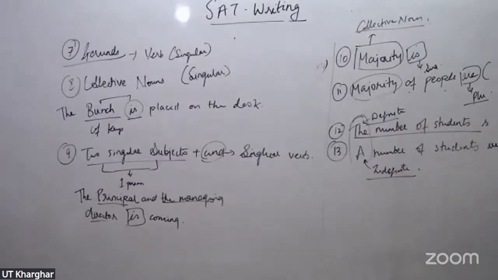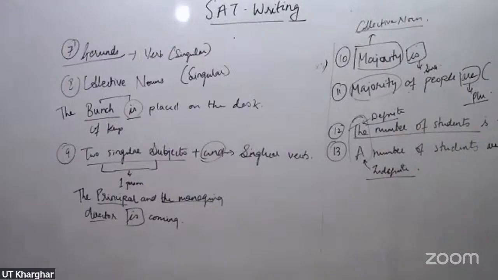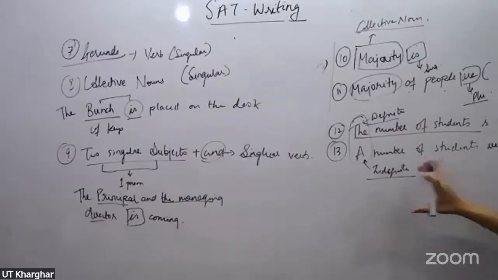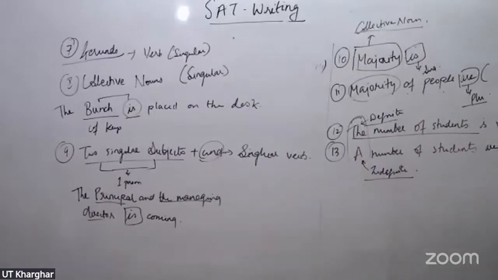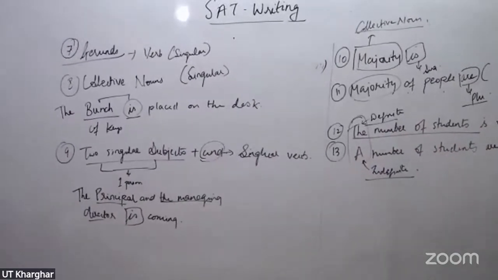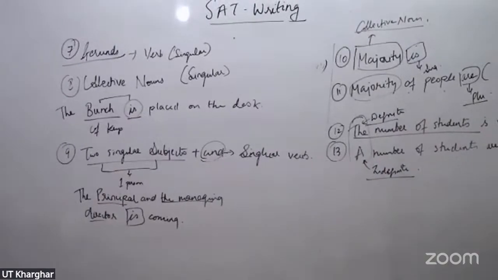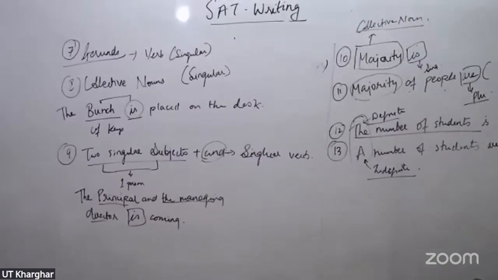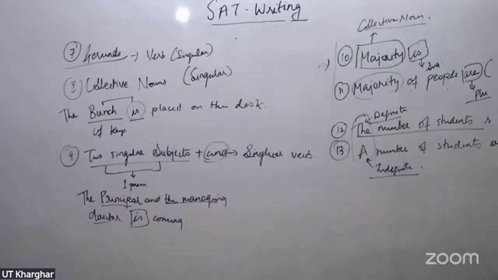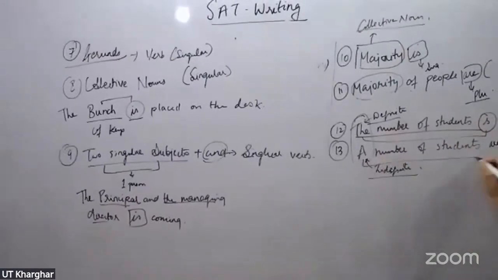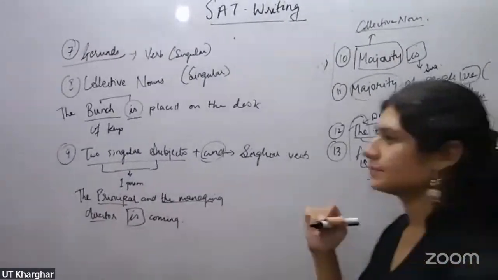"The number of students is very less," but "a number of students are going for the trip" means many students are going for the trip. The number is just countable, and hence it is very less. So both are right, but whenever we have "the," we have singular, and whenever we have "a," we have plural.